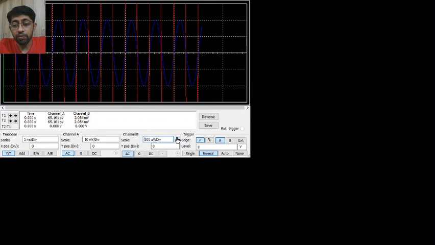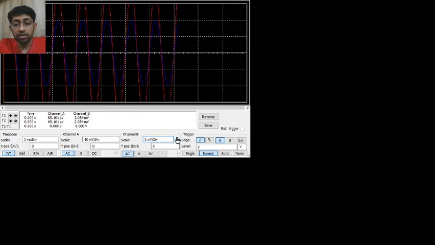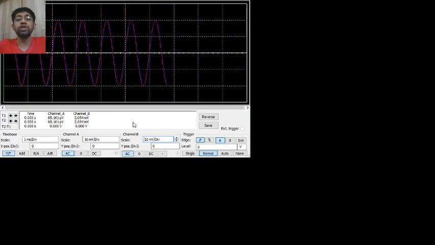Once I set the scale of both channels to 10 millivolt per division, you can see that there isn't any major difference between the input signal and output. The input is blue, the output is red, and they are overlapping. So the output is the same as the input; the output is following the input.